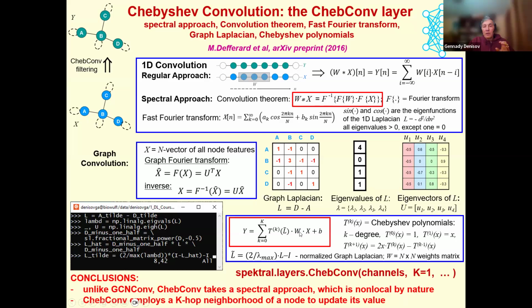Some of these weights will be identically 0. That will be defined by this term. For some of the elements of this W matrix, they will be identically 0 just because of the previous multiplier. But otherwise, it's not a function.